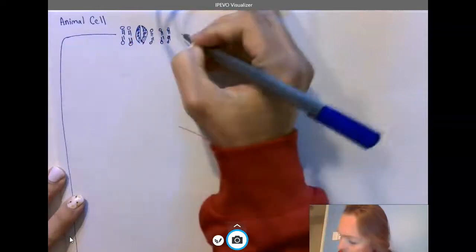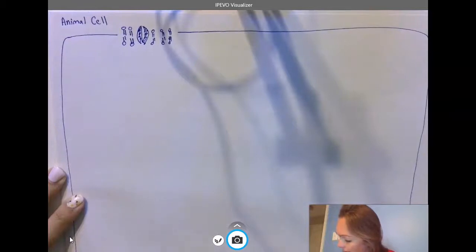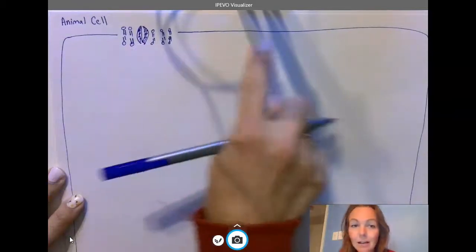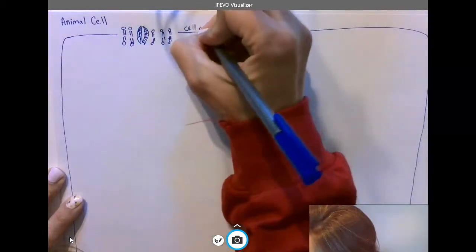Whenever I'm drawing this line for the cell membrane, please remember that this entire line represents a phospholipid bilayer. So this entire line represents the cell membrane.